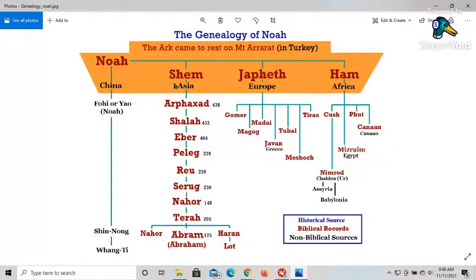of the three sons of Noah, which is the Eurasians, which is Gomer, Madai, Magog, Tubal, Javan, Tiras, Meshech, 7 sons, not as many daughters. So Madai asked Shem to marry one of his daughters.